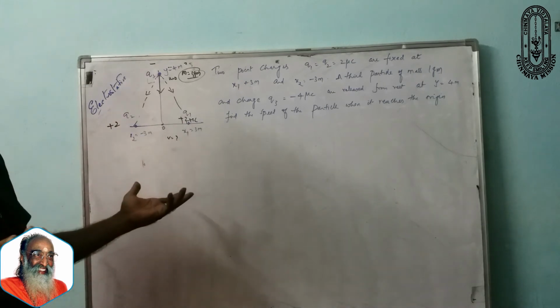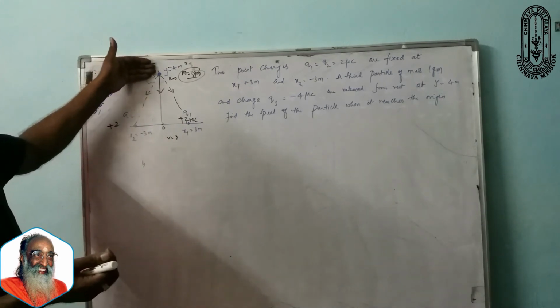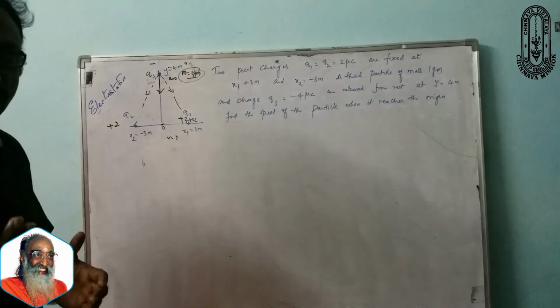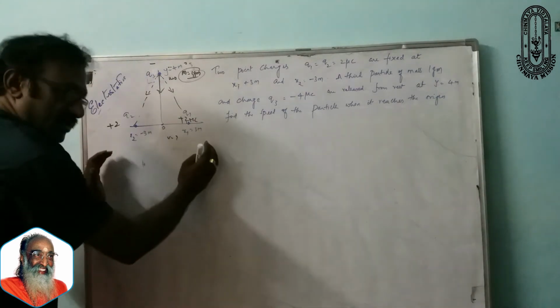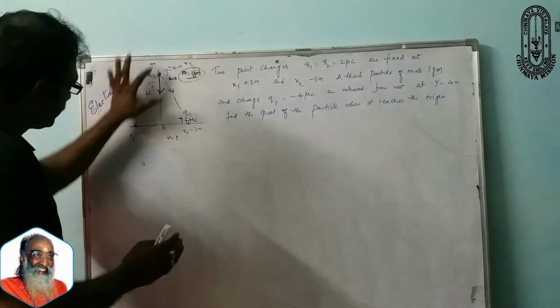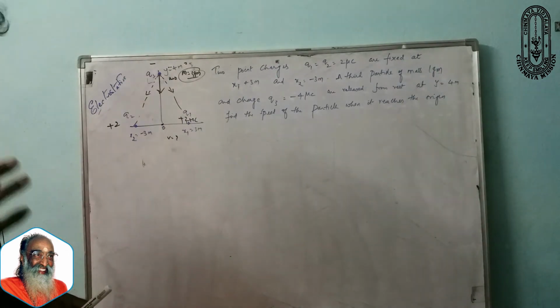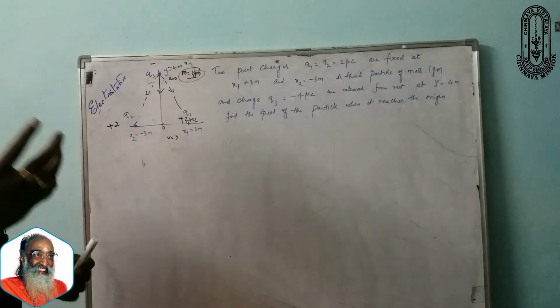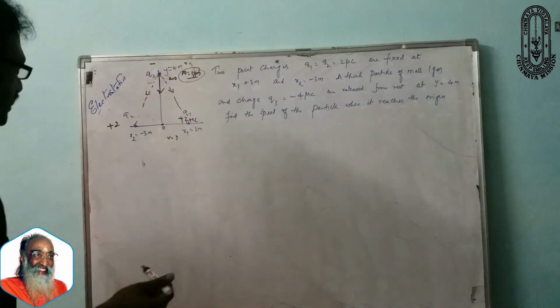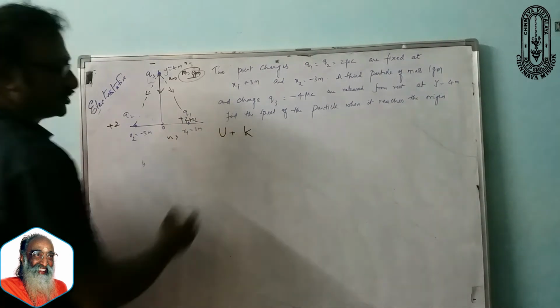They should be equal. So initially here, you are going to find out the total energy of the system, you know how to find it, right, on one side, and equate it to the total energy of the system when the particle reaches here. Just write it there. The total energy of the system is equal to potential energy plus kinetic energy.